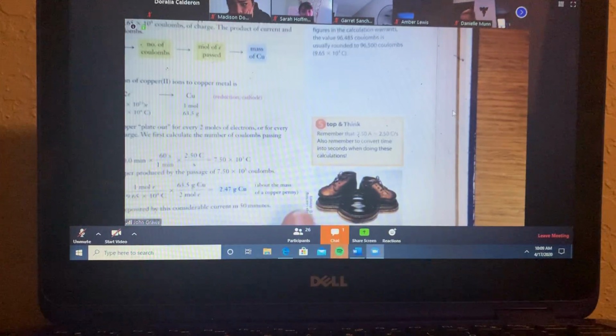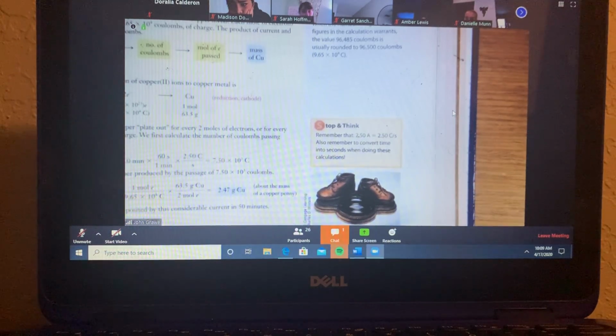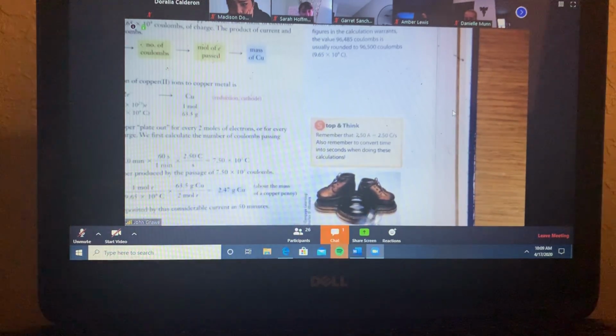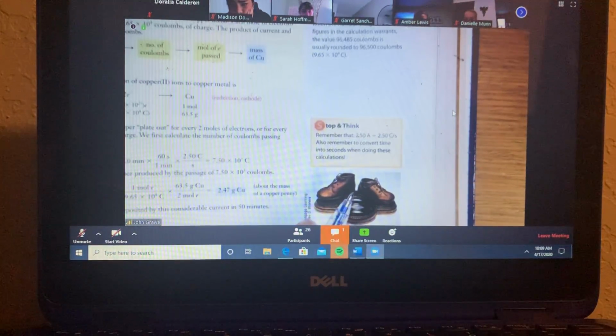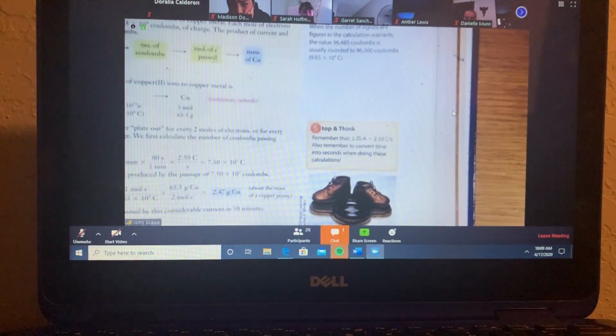Here we see an object that perhaps a father wanted to keep as a memento of his child's first shoes. They would have been leather, and in time the leather would have aged and contracted and cracked. So they can take the original shoes of a child and copper plate them.